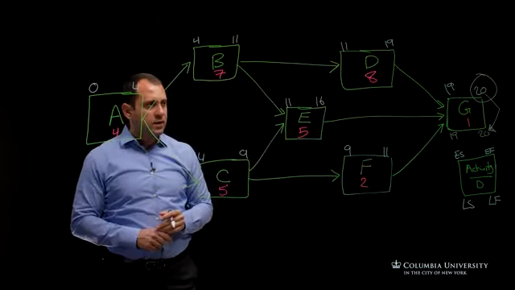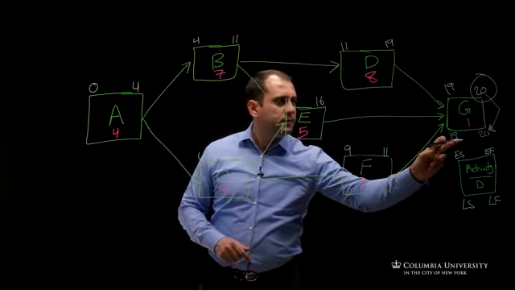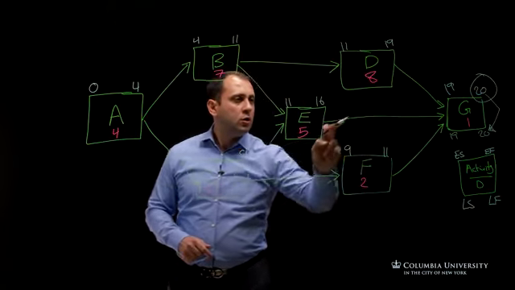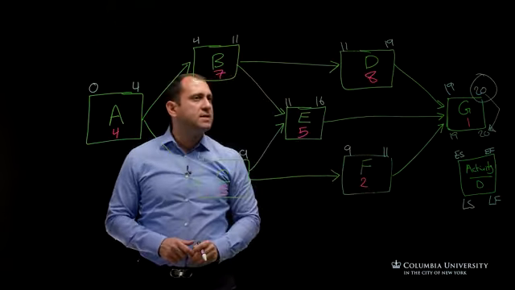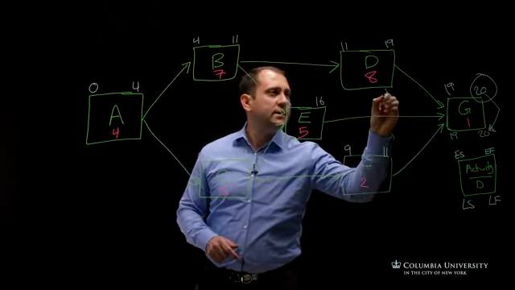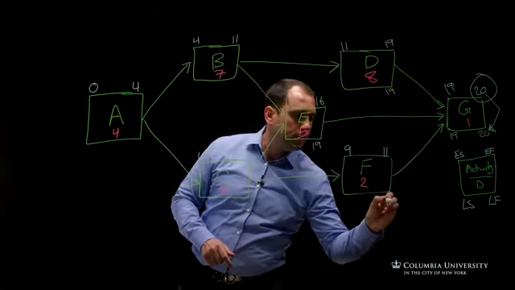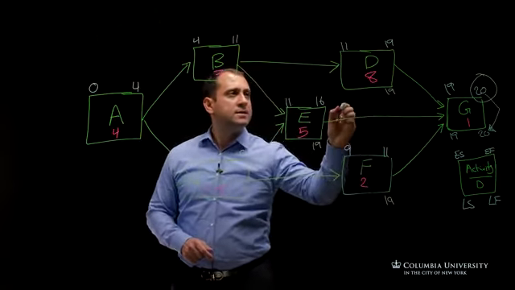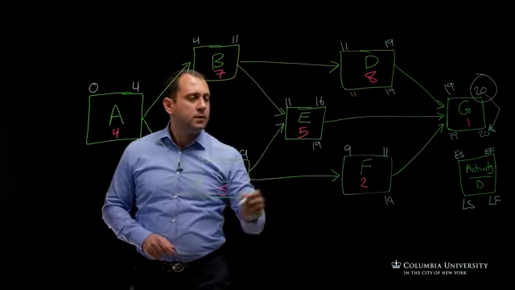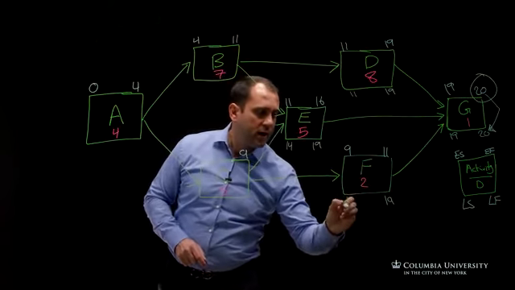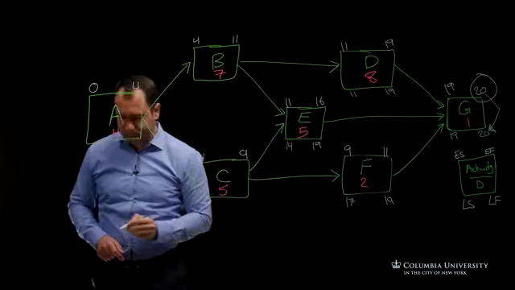And then you take the late start of the activity to get the late finish of all the predecessors. So we have 19 here, 19 here, 19 here, 19 minus 8, 11, 19 minus 5, 14, and then we have 17.